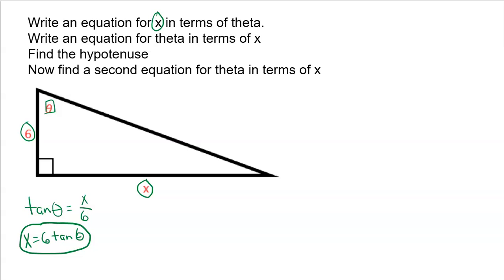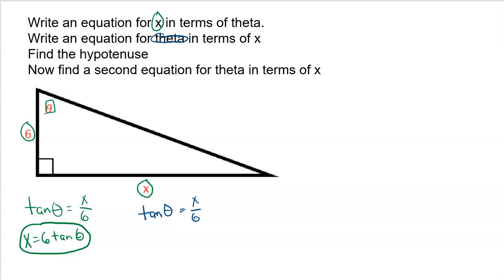Now they want me to write an equation for theta. So this time I want to know what theta equals. So once again, let's start with the fact that tangent of theta equals x over 6. But this time I want an equation for theta. So I need to solve this for theta. How do I solve this for theta?